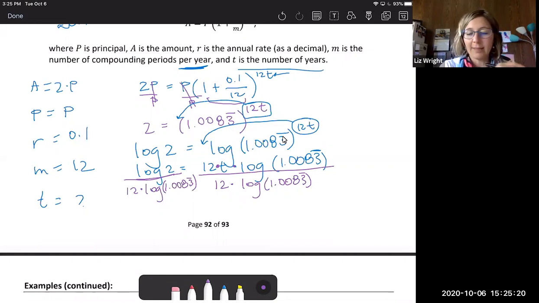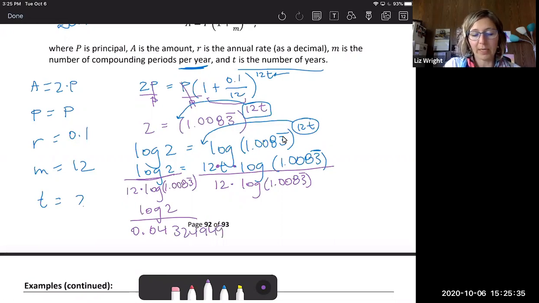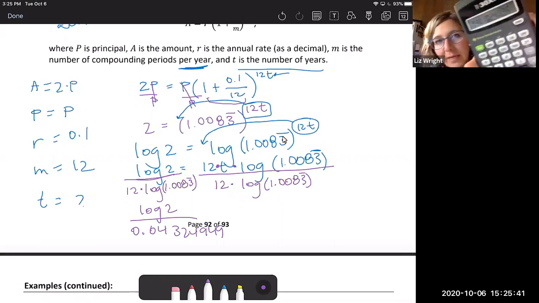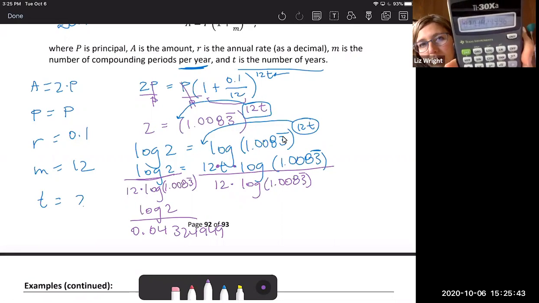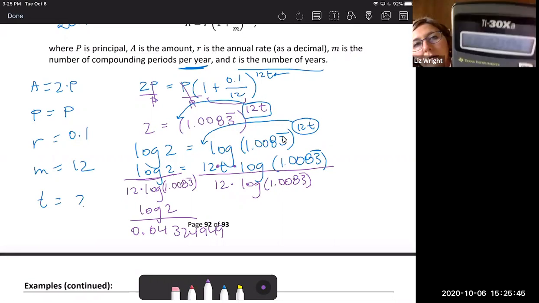On that one, I end up getting 0.04324949. Do not round that one, because you don't want a rounding error at the end. So then I would put in my calculator 2, hit the log button, and then I get 0.3, and then it just keeps going.